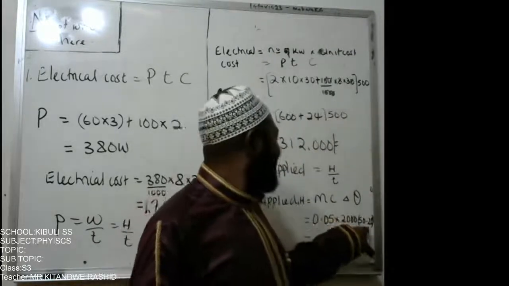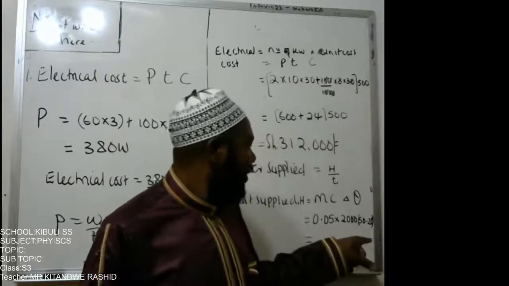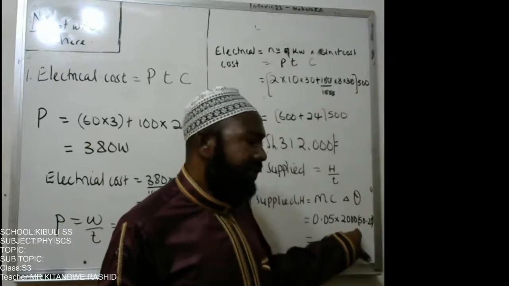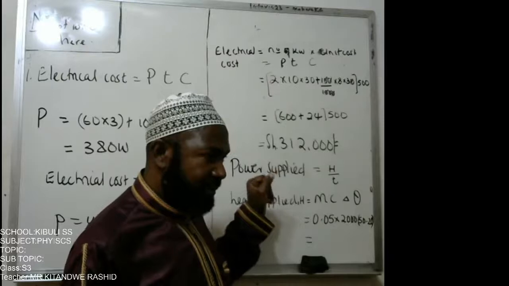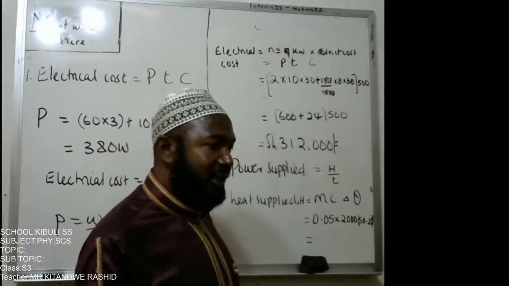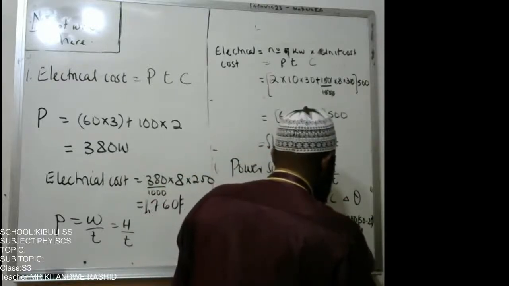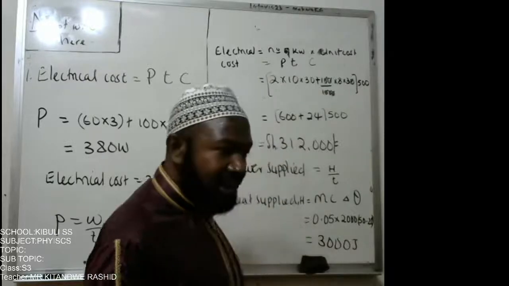Okay, no problem. 3 times 2 is 6, meaning that this is going to be 60,000. 5 times 6 is what? The total answer is 3,000 joules. That is the heat.